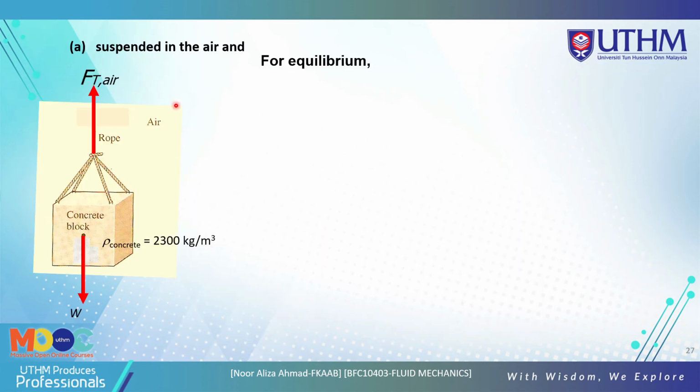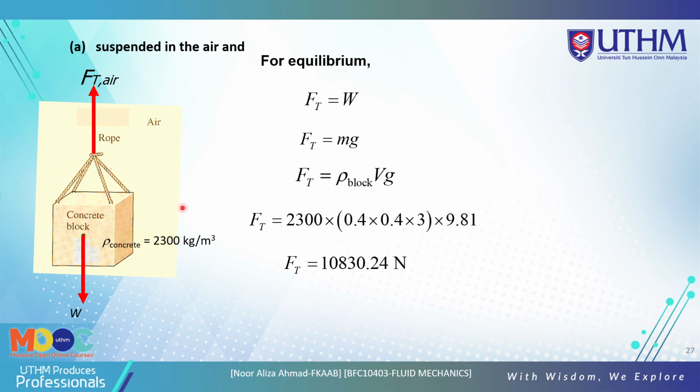Now first you must find the tension when suspended in the air. For equilibrium, we must have the weight of this concrete block and the force, the tension in air.